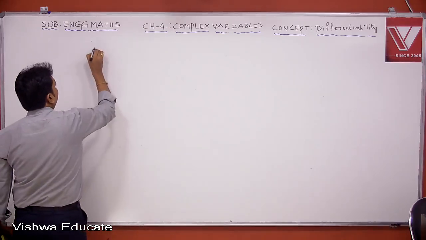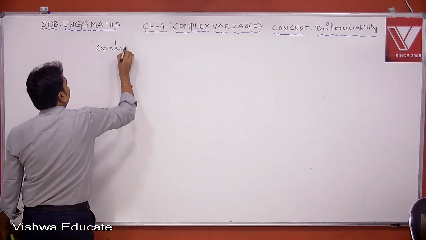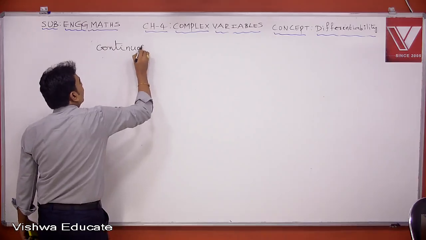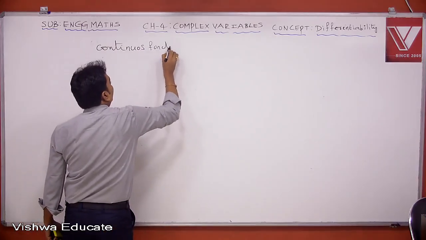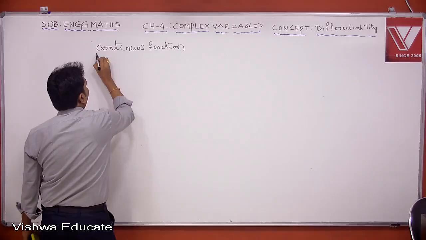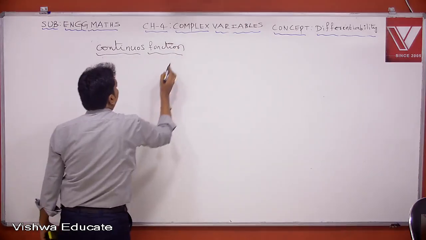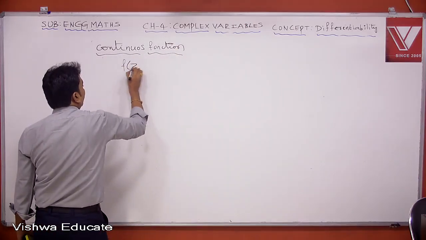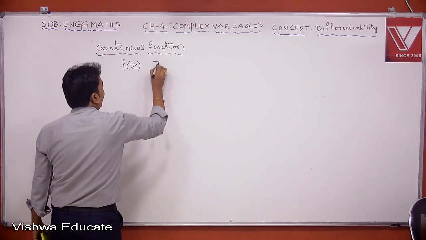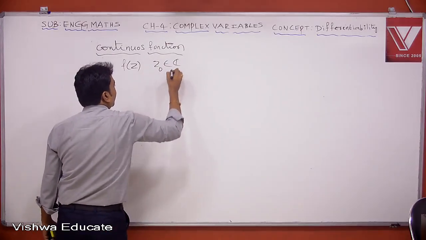Next definition, continuous function. Suppose we have a complex valued function f of z and z naught is a complex number.